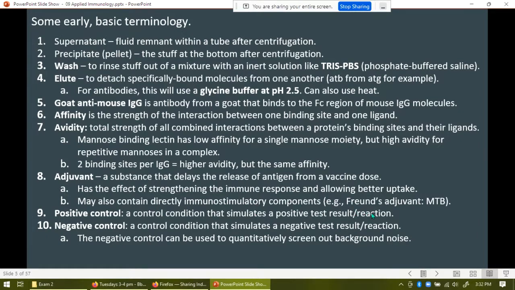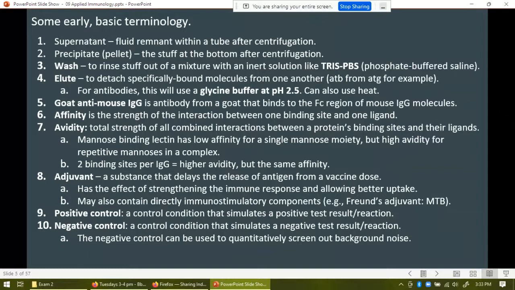For example, Freund's adjuvant, which is typically used in mouse immunizations, contains proteins derived from Mycobacterium tuberculosis. I think it actually just contains shredded mycobacteria. The MTB pathogen contains PAMPs that stimulate PRRs and therefore allow for an inflammatory response by the innate immune system.